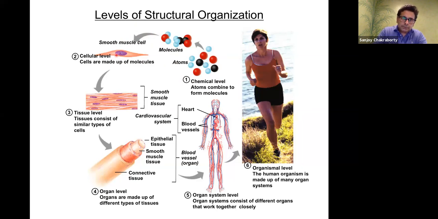Then cells make tissues. So now the question is, what is a tissue? I have a slide later on, but I'm going to give the definition right here. Tissues are a group of cells that have similar functions. Now, in the human body, we have trillions of cells, as I mentioned earlier, 37.4 trillion cells.